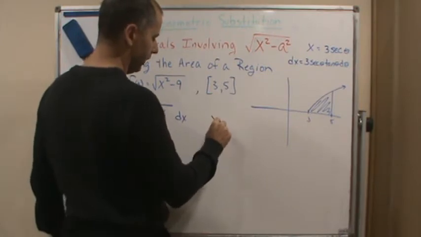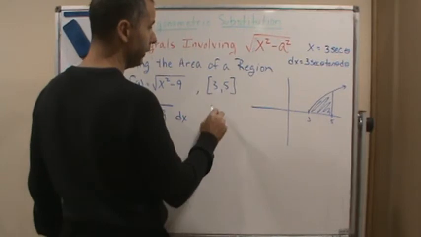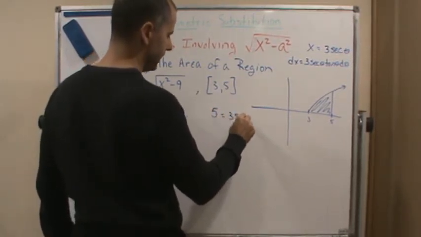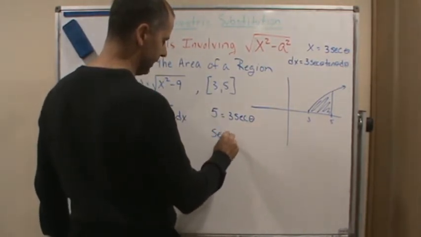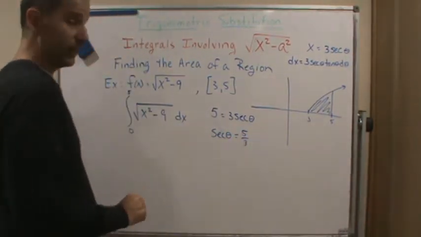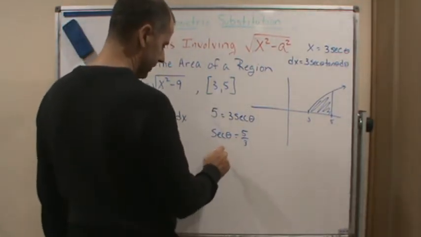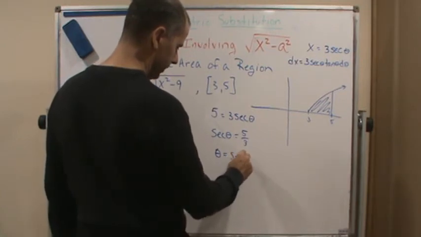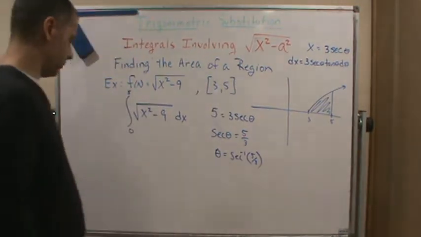If x equals 5, then we get 5 equals 3 secant theta, and so secant theta equals 5/3. In this case, we're just going to have to solve for theta, and so we get secant inverse of 5/3. So that's what we're going to have to put.